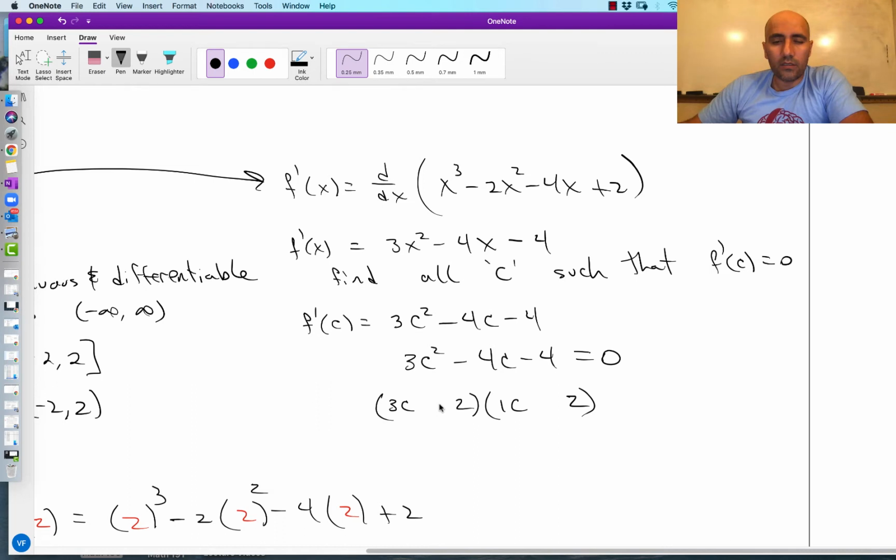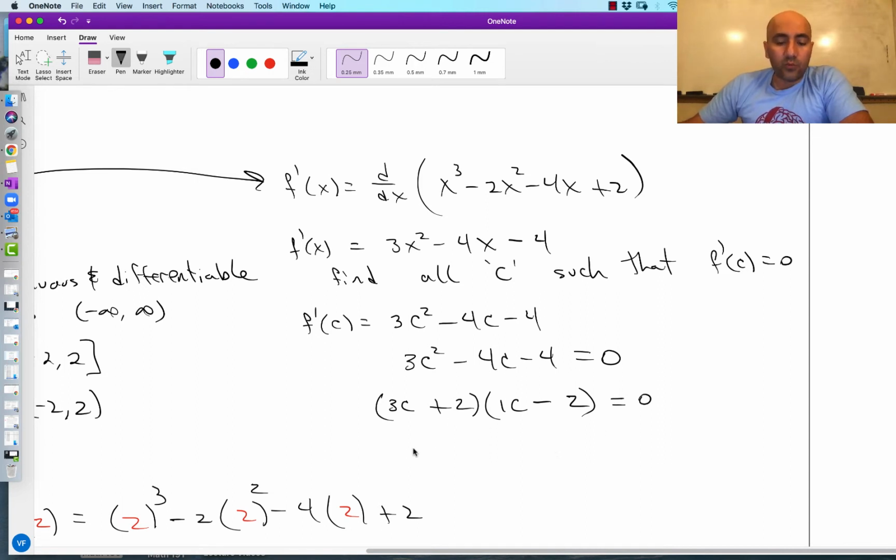So I would need plus 2 minus. Right, so I'm just guessing different combinations. Minus here, plus there, just trying out different things. And after a little bit of guessing and checking, this seems to work out. This times this would give me 3c squared minus 6c plus 2c. That would give me that minus 4c, and then minus 4.